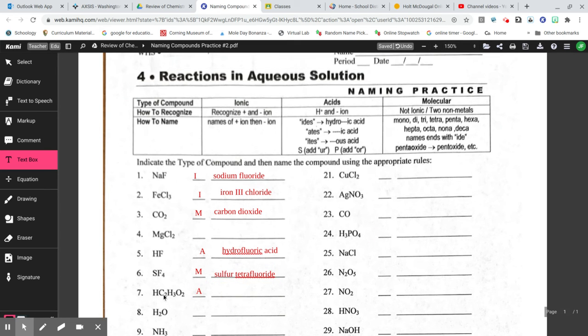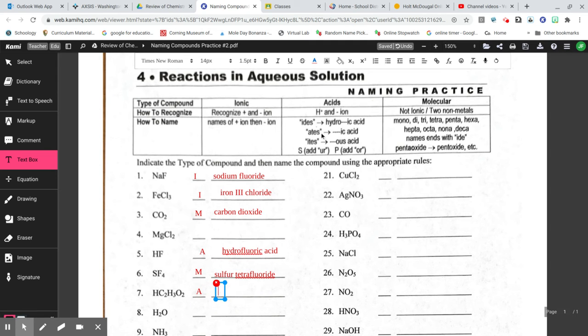Go to your ion list and see what is C2H3O2. What's that anion called? That anion is acetate. So we're going to go to our box up here, and since ATE is the ending of our anion, we're going to change ATE to IC.